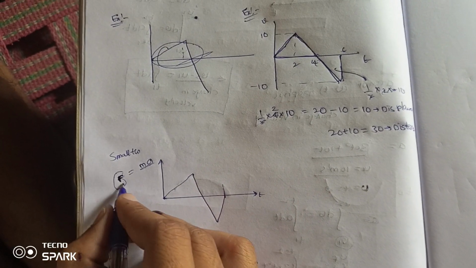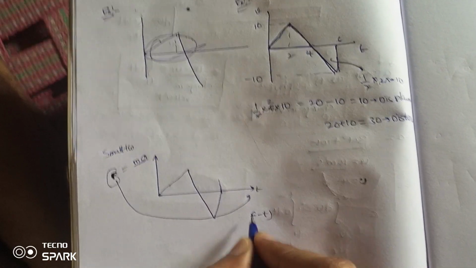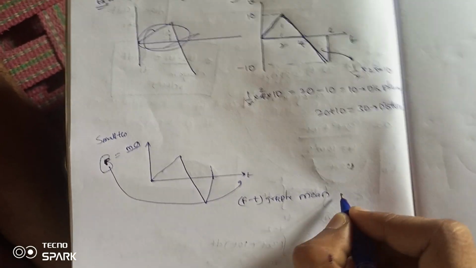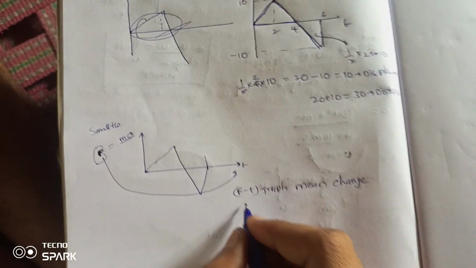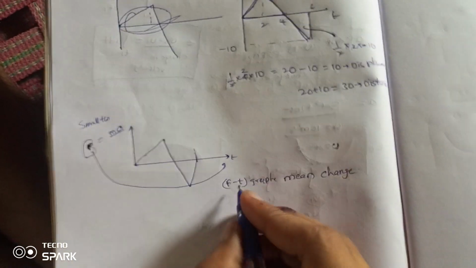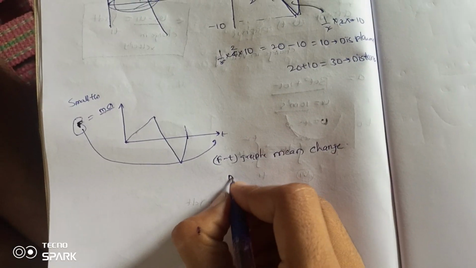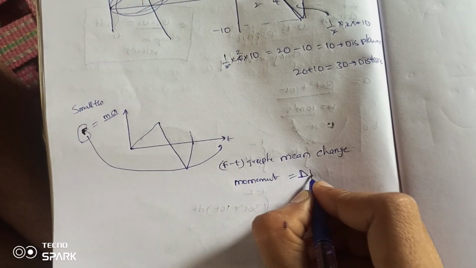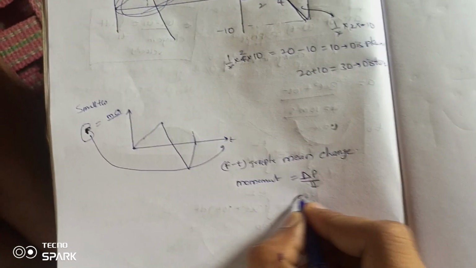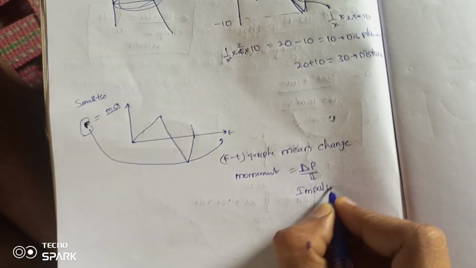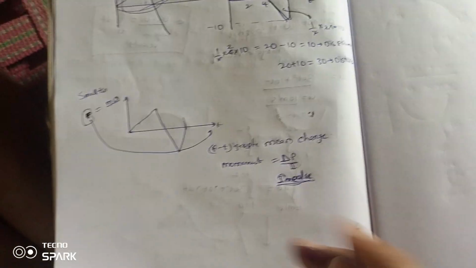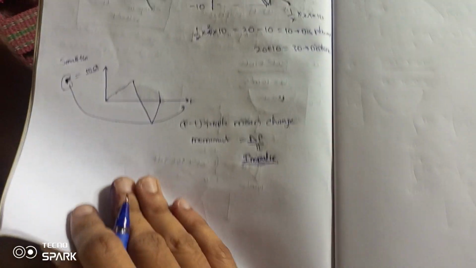The ft graph means changing momentum, which is called del p. Changing momentum means impulse. Okay, it is clear. Changing momentum is impulse. And the small example questions I will tell later.